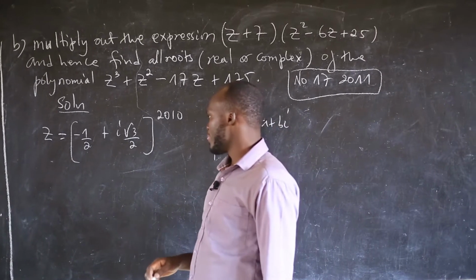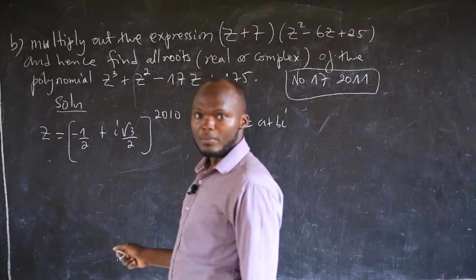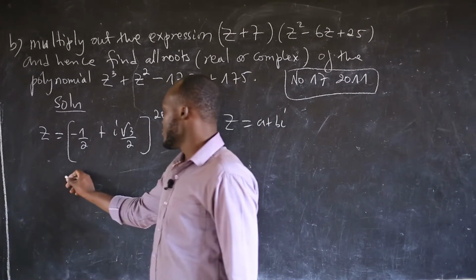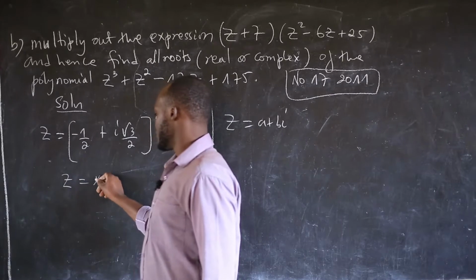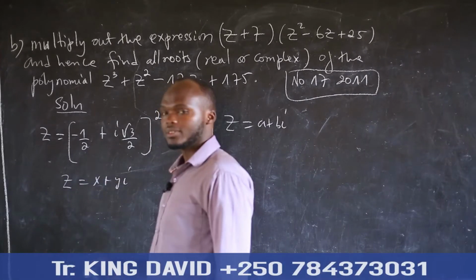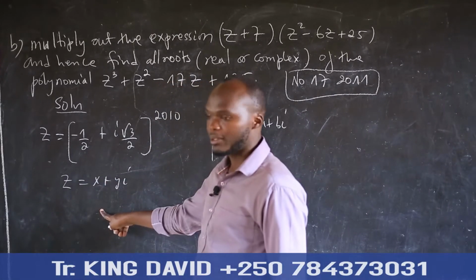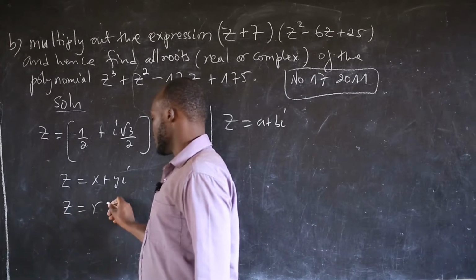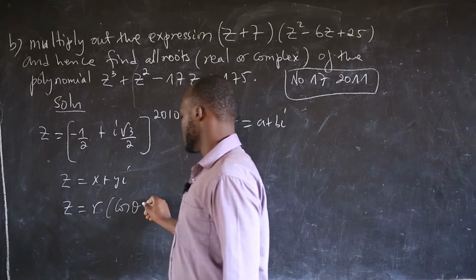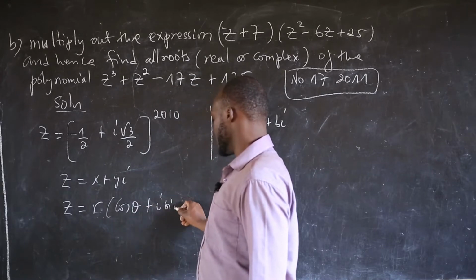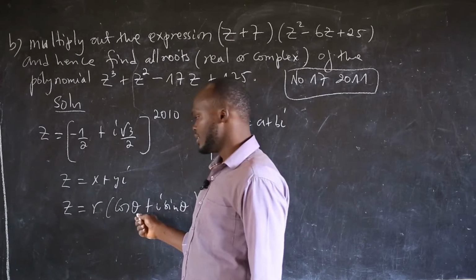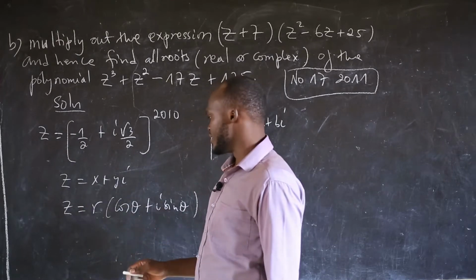without any power. So what you do, if you remember, we use the De Moivre's theorem. When you have z equal to x plus yi, we can express this algebraic form into polar form, where z equal to r into bracket cos angle plus i sine angle. Remember r is the modulus of z and angle is the argument of z.